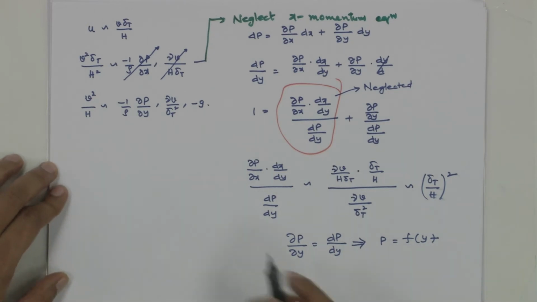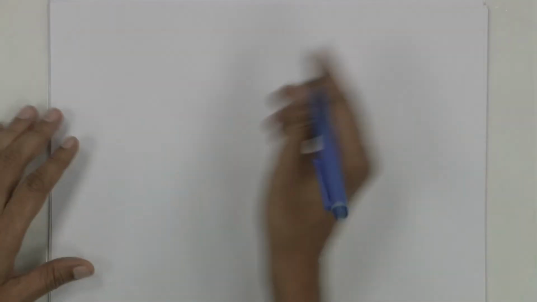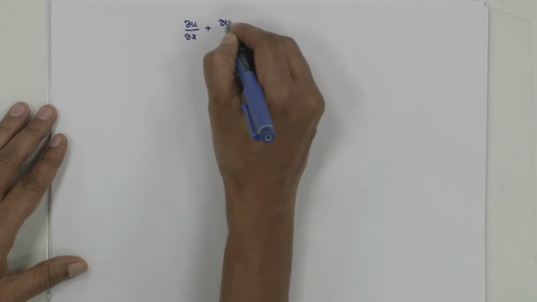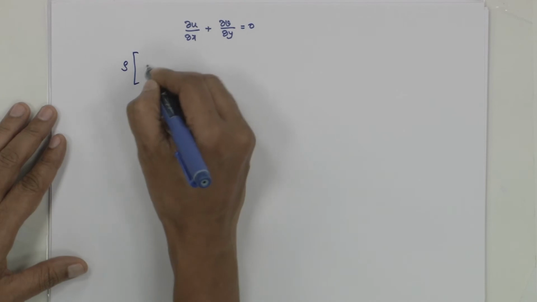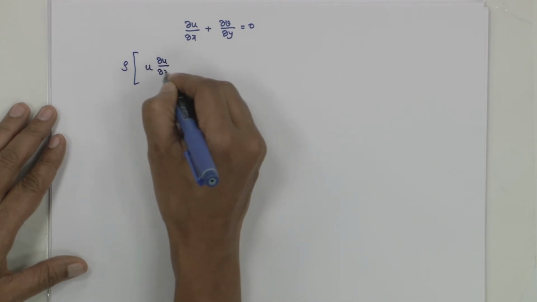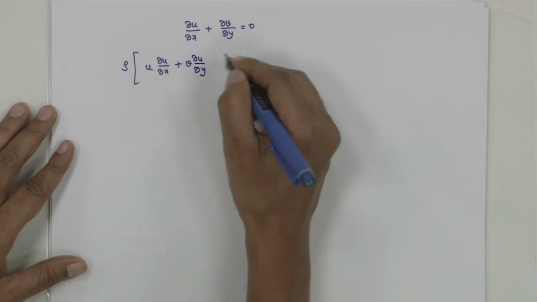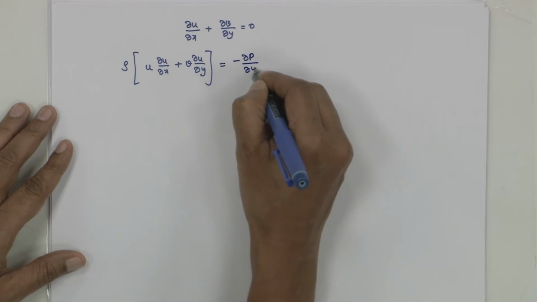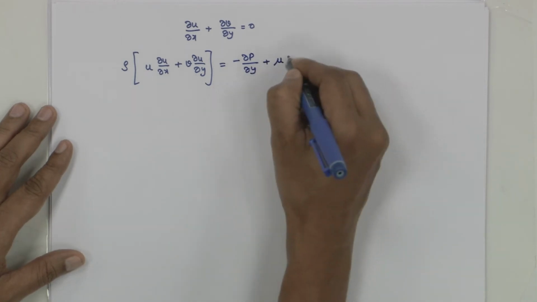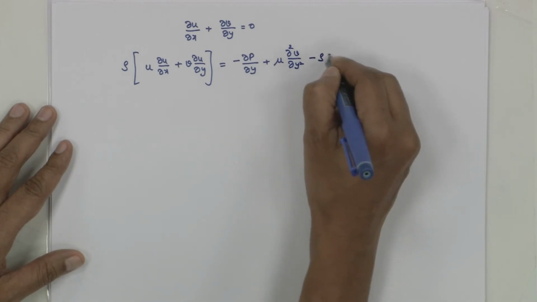So you have del u by del x plus del v by del y equal to 0, rho into (u del u by del x plus v del u by del y) equal to minus del P by del y plus mu del squared v by del y squared minus rho g.